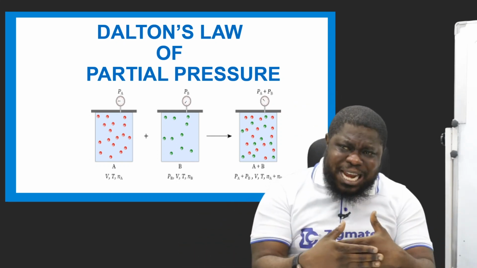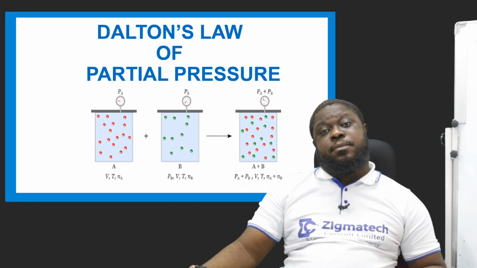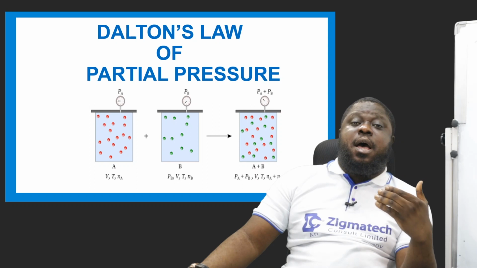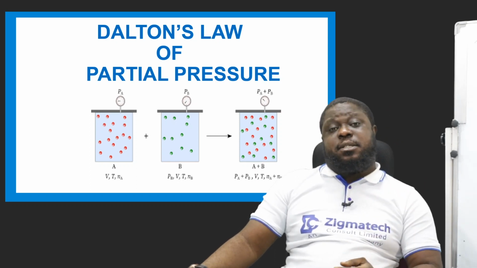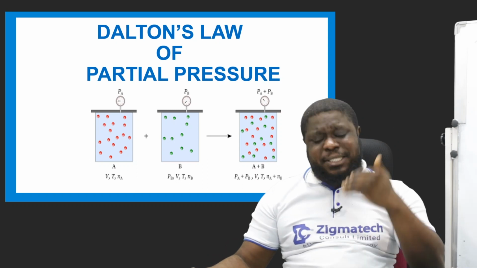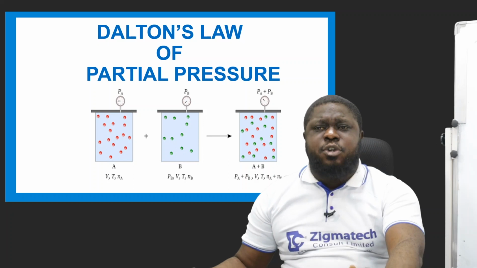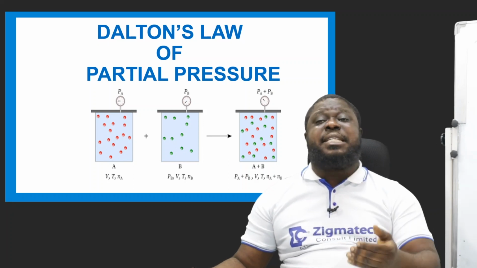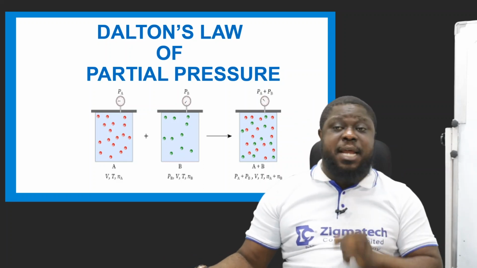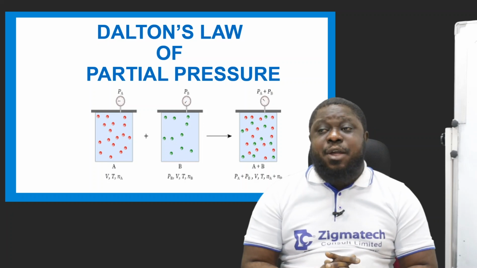Calculating all of them together will give me the answer I am looking for. Using these three gases, he came to realize that every single gas does not have the same pressure. So if you want to calculate the pressure of all the gases in a container, you must calculate them individually, independently, before you get your answer. Now you add all of them together and you get your answer.